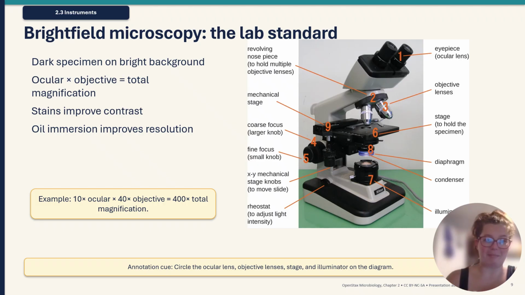So, for example, a 10 times ocular lens, and your ocular lenses are here, your eyepieces, and a 40 times objective lens, which you can change and alternate, would equal 400 times magnification.